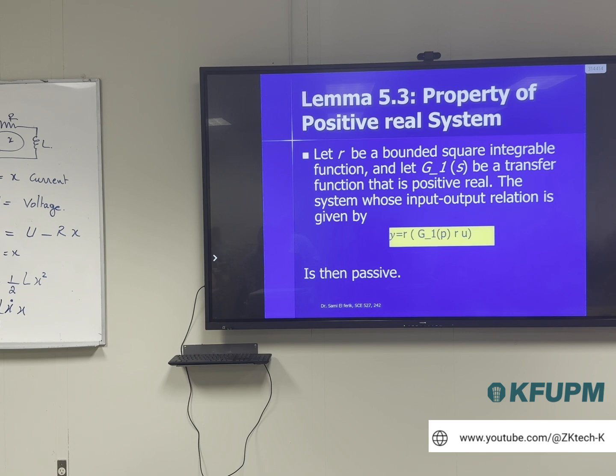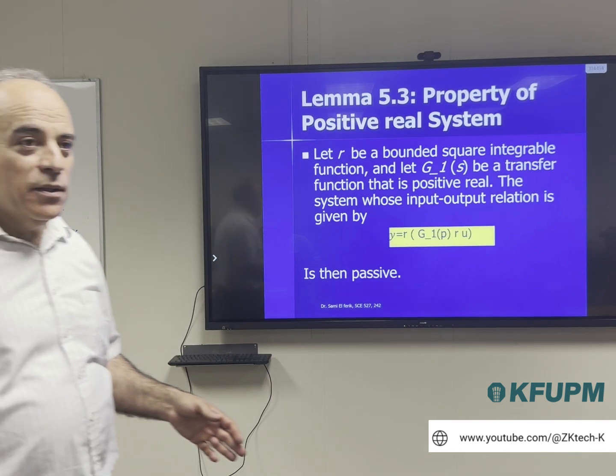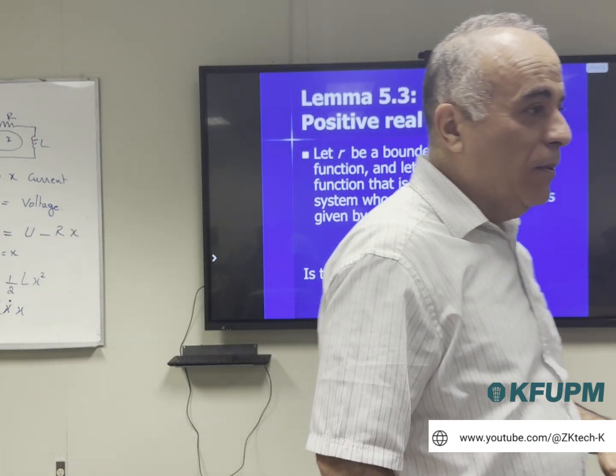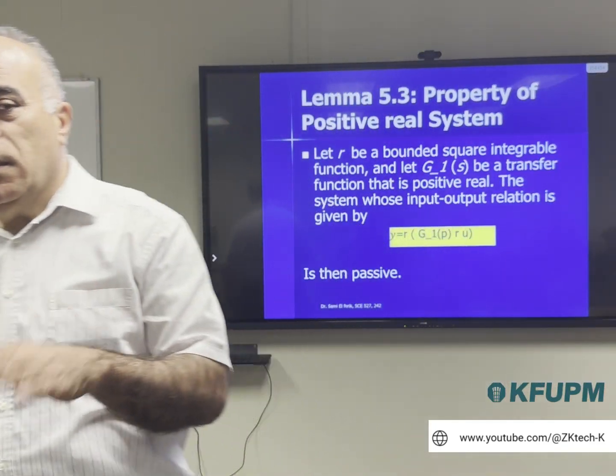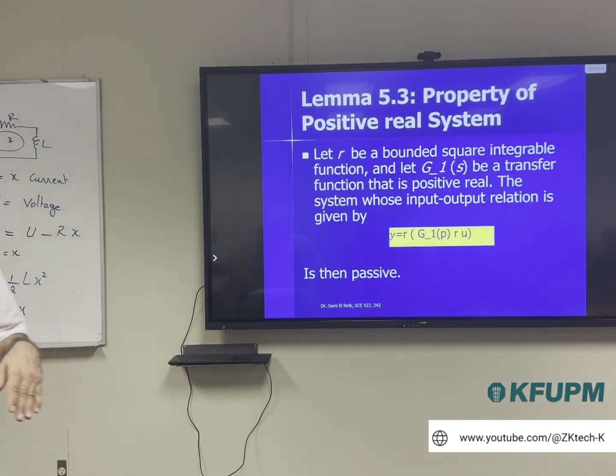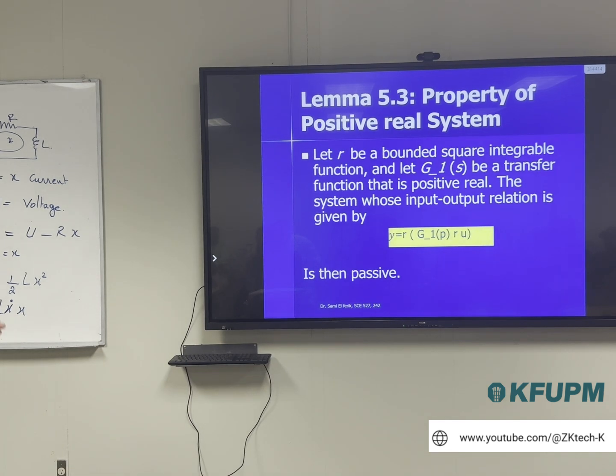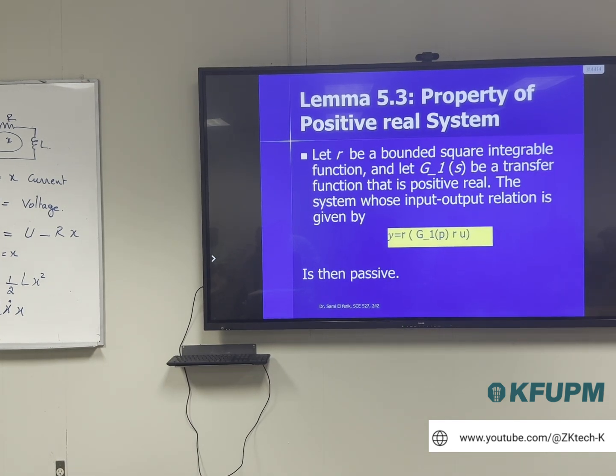So basically what we have found with all these techniques, we spent maybe 3 or 4 weeks talking about positive real functions and how to make sure a function is positive real. Then we talked about passivity, and after that supply energy and so on, which comes from nonlinear analysis.